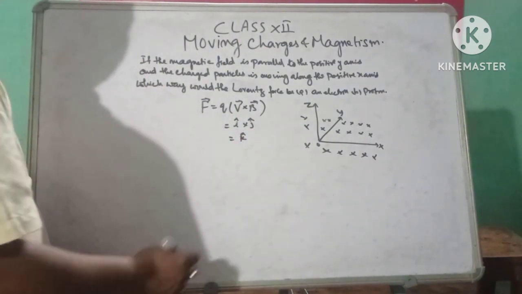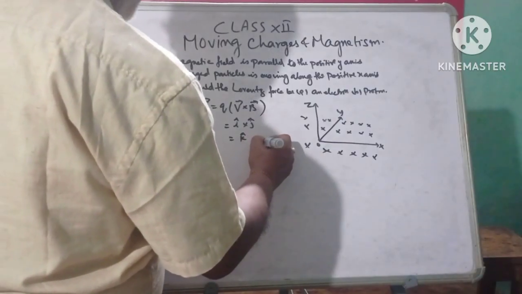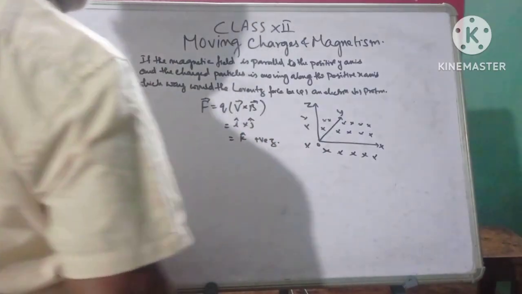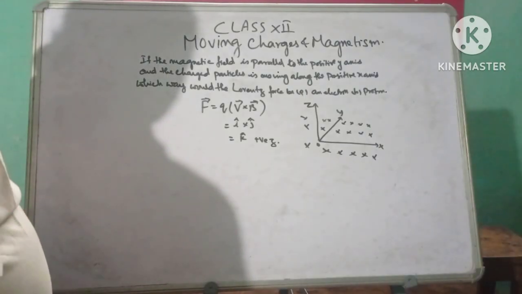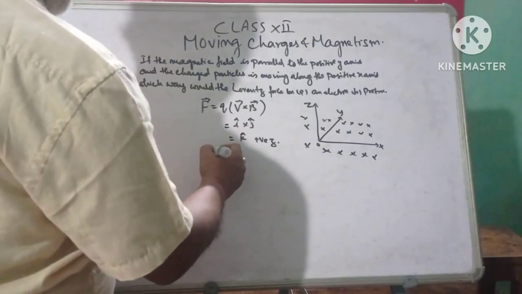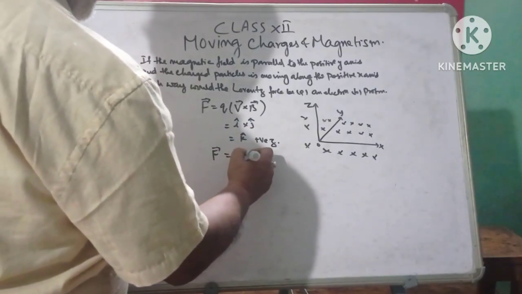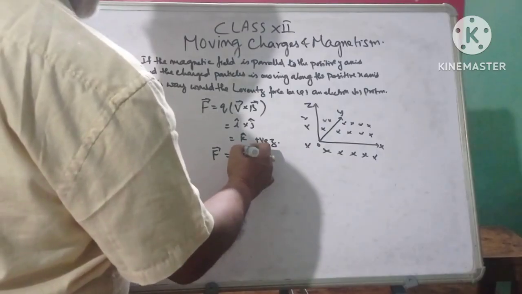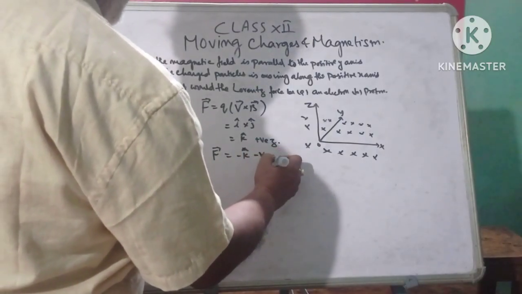Your Lorentz force will be in the positive z direction. And because the electron is negatively charged, here your force will be in the negative z direction.